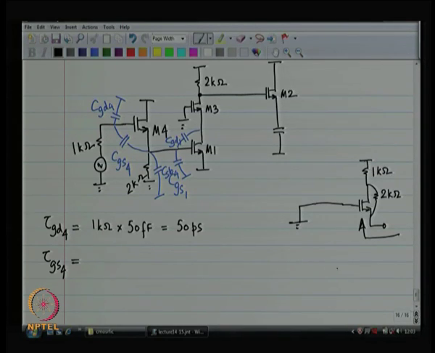So, you are basically going to see 2K parallel with 2K plus 1K divided by 1 plus GM plus GMB, that is 11 millisiemens times 1K. Right, and the result is basically going to be 2K divided by 12, that is about 166 ohms.